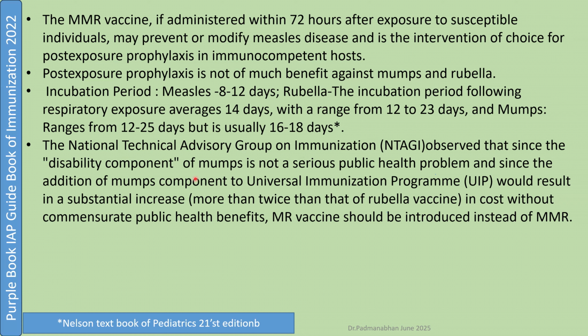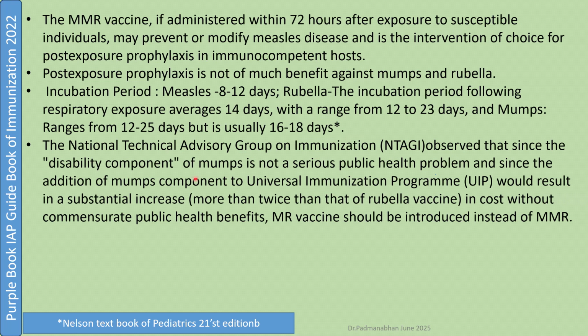Now, I don't know whether you are aware of current events. We had some mumps encephalitis. I think there was some mumps death also. This is what happens, and there was a panic. And the Indian Academy of Pediatrics, the Kerala branch, is pushing for MMR vaccine. What's the most important point of mumps?